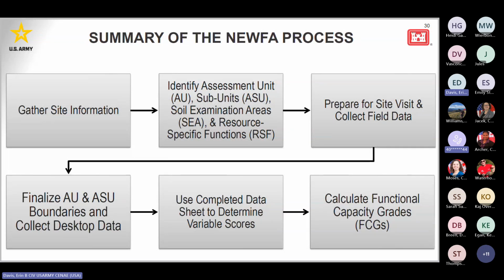Once in the field, you can finalize those boundaries and then come back and complete your desktop information, including GIS data, to complete your data sheet, which then determines your variable scores that are used to calculate the functional capacity grades for each of the 14 wetland functions.